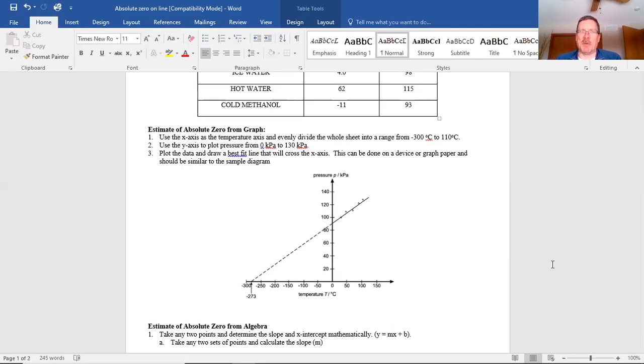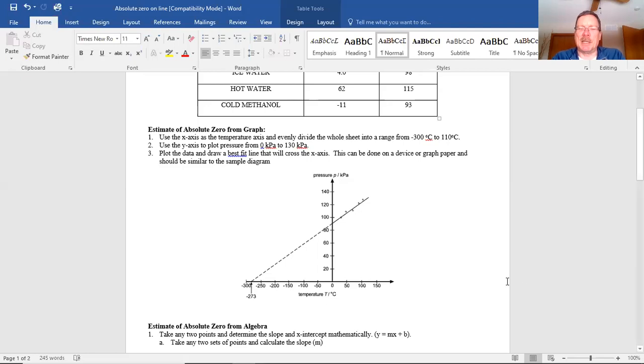If you have graph paper at home, you can graph it by hand and then upload it to come in with the work that you do on this document math-wise. You certainly can use Excel or some other graphing program on a computer to plug in the data and have it draw a best fit straight line for you.